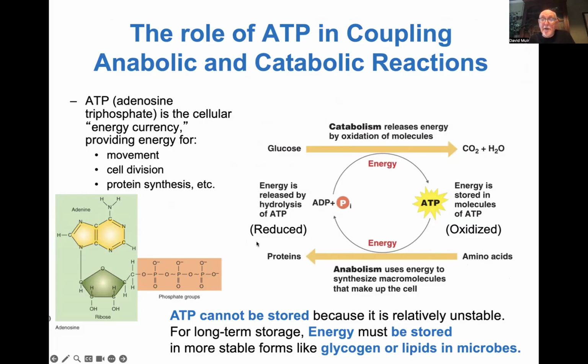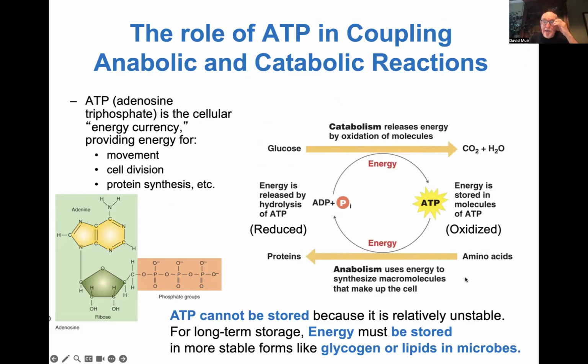These compounds here, by the way, maybe storage compounds, whatever. We may actually later break them down again in catabolic reactions to extract more energy. But the cycling between catabolism and anabolism, the energy transfer, is always mediated by ATP.